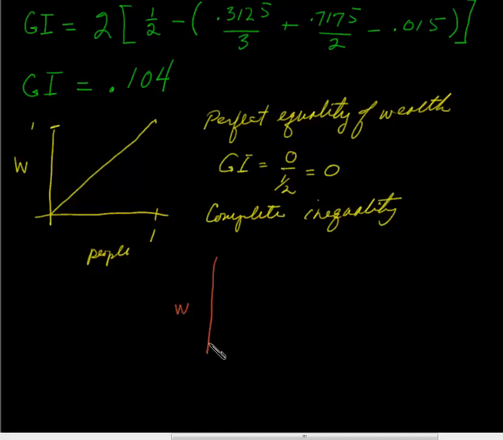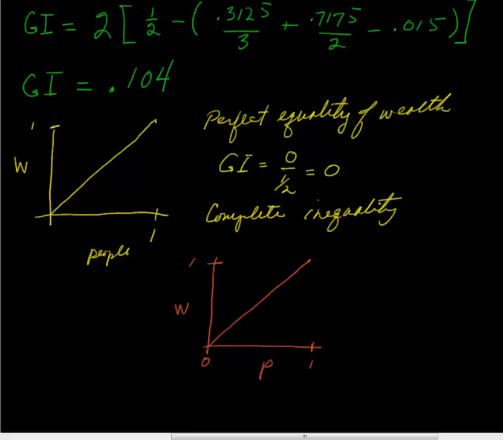Here's my wealth. Here's my people. 100% of the people. 100% of the wealth. Okay, that's the line that would be the graph of perfect equality in wealth.